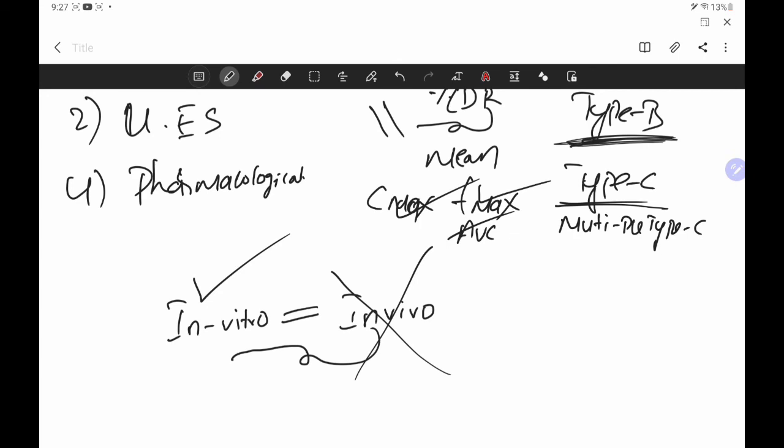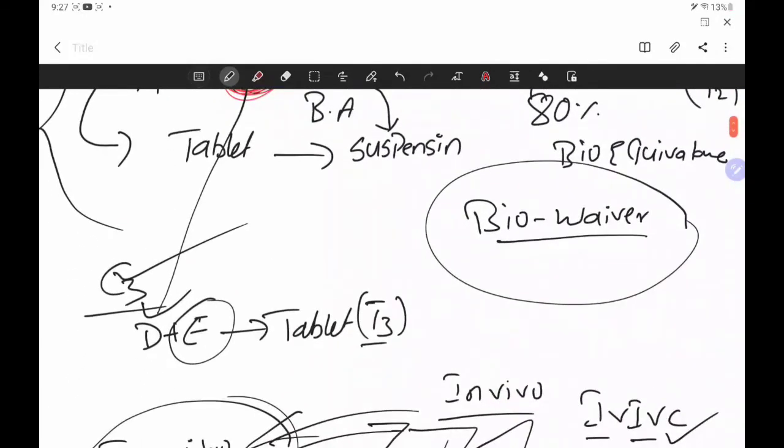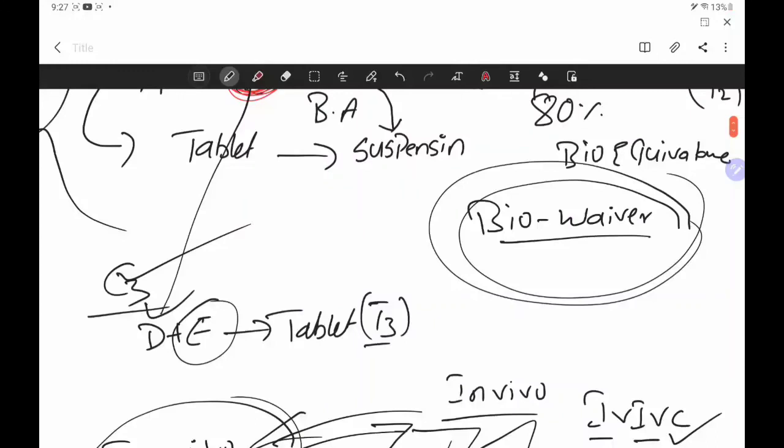What do you mean by this? This is a biowaiver. What do you mean by that? Come to my first explanation. Company 1, C1, is your innovator, and C2 and C3 are the companies who want to manufacture their own tablet using the innovator's drug.